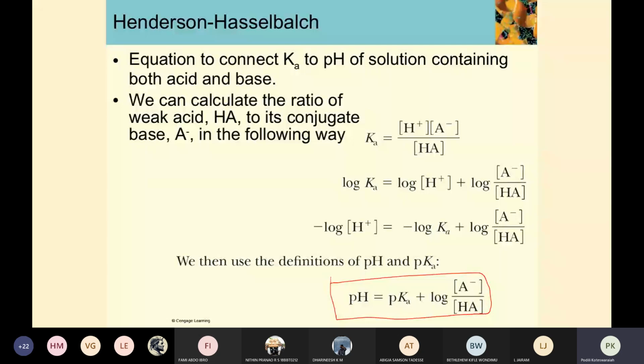This equation is derived by taking the weak acid dissociation.